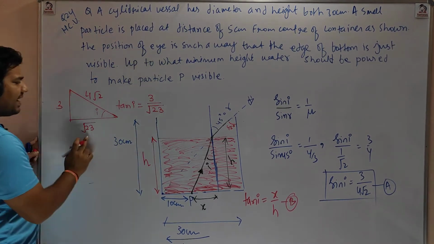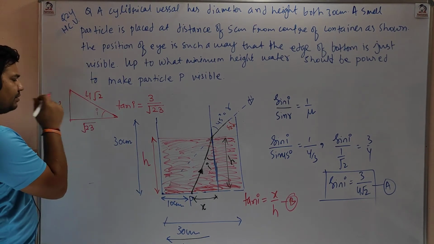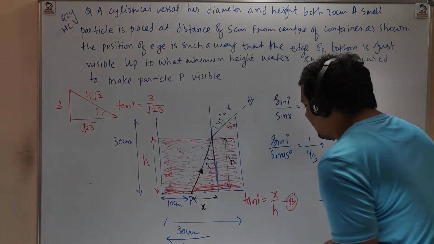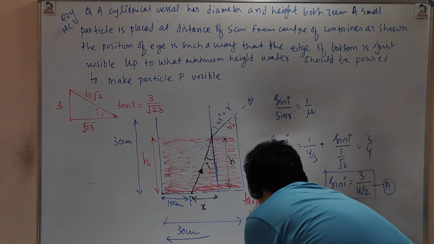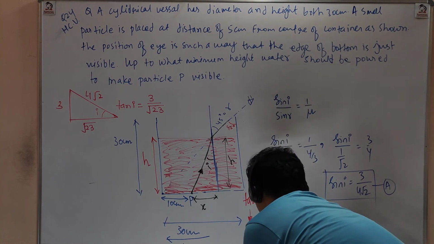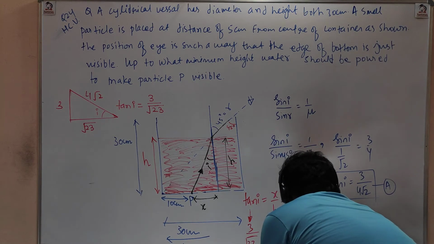Agree? Am I right? See, 16 into 2, 32. 32 minus 9. Yes, it is correct. We got the value of tan i luckily. So 3 by root 23 is equal to x by h. But the problem is the same.